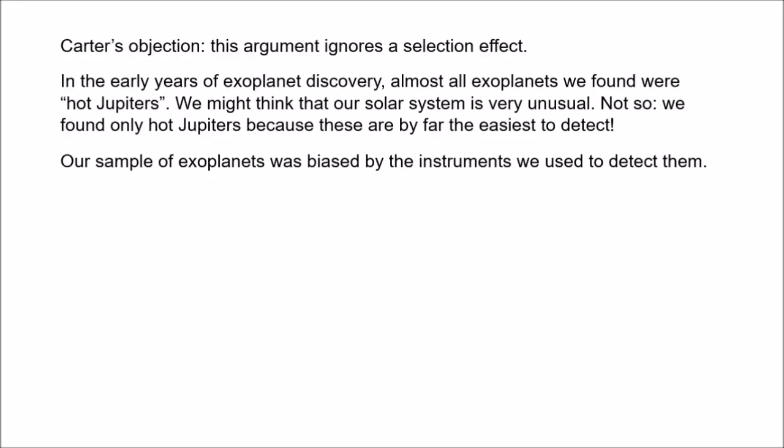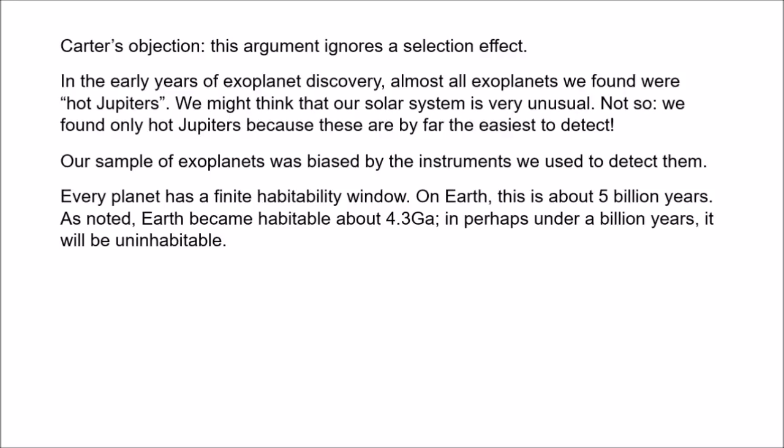Now, Carter's argument is that there may be a similar selection effect involved when we consider the origin of life on Earth. So the first point here is that every planet has a finite habitability window. This is a finite time during which life and intelligence is possible. On Earth, the habitability window is presumably about 5 billion years.